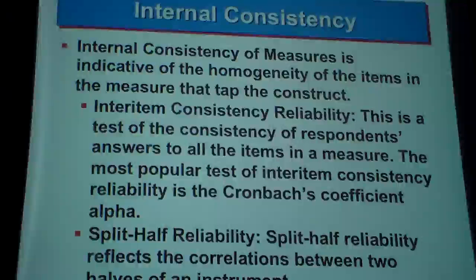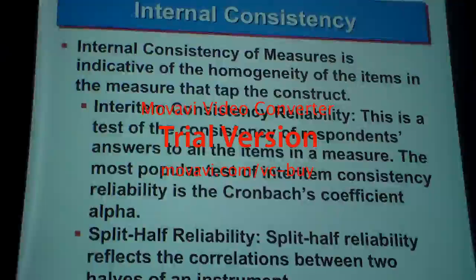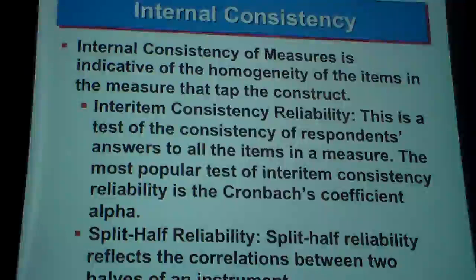This is a statistical test. You just apply some statistical equations, and then you will figure out if this respondent is consistent, if he or she has inter-item consistency or not.